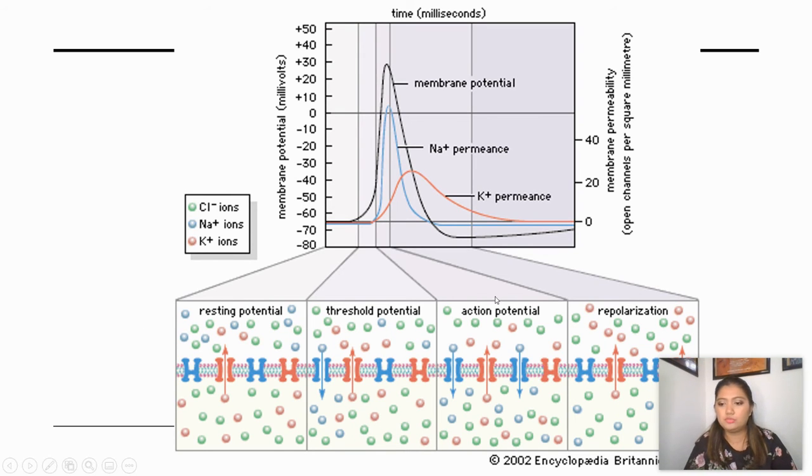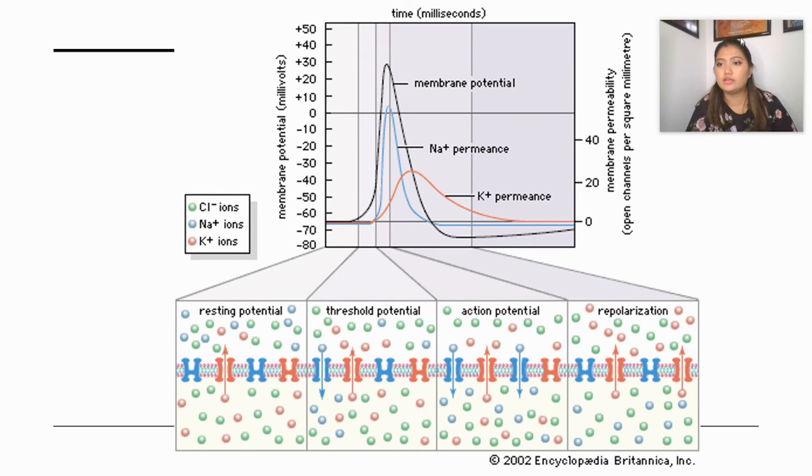Here's a graph. I'm going to move myself again so we can see the entire diagram. Here's a graph of the steps that I just told you, right? With this graph, we see which membranes and which ions are participating and causing that change in charge. At resting potential, we're going to be right here in this beginning part.